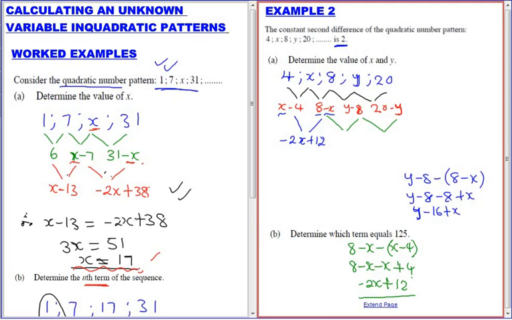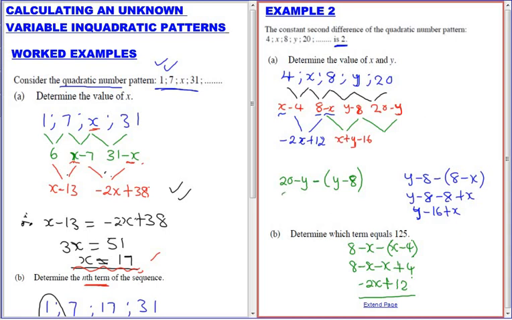So forgive me, I would like to write it as x plus y minus 16. It's the same thing. Well, the last one, it's like we will be saying 20 minus y minus y minus 8. Okay, I'm doing it as if we didn't know that the common difference or the second difference was 2.